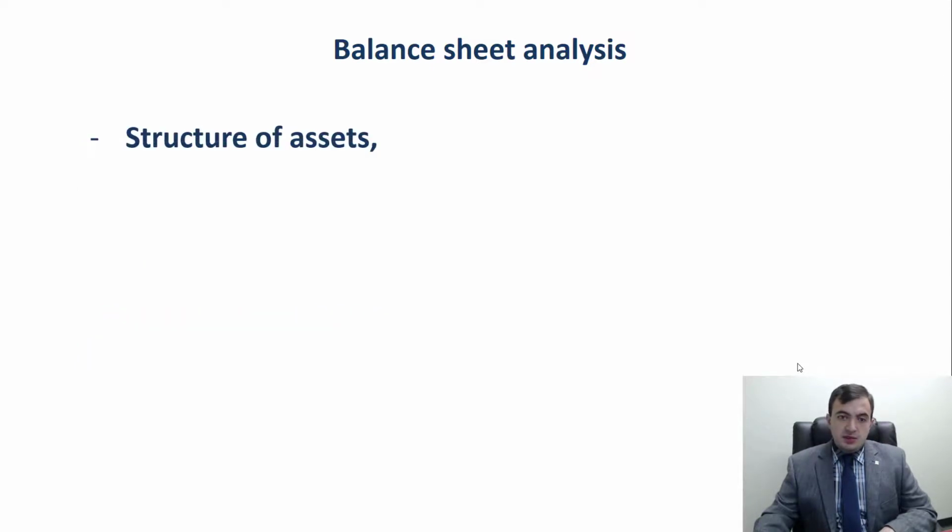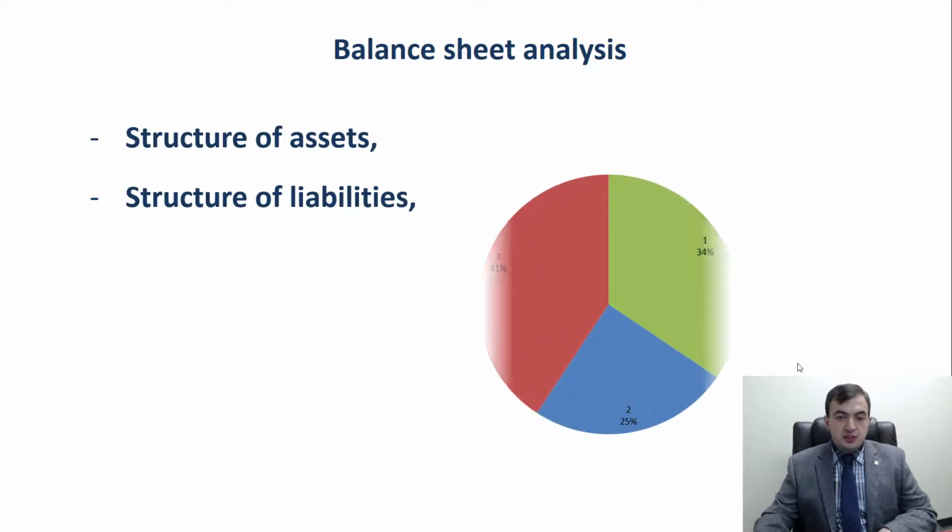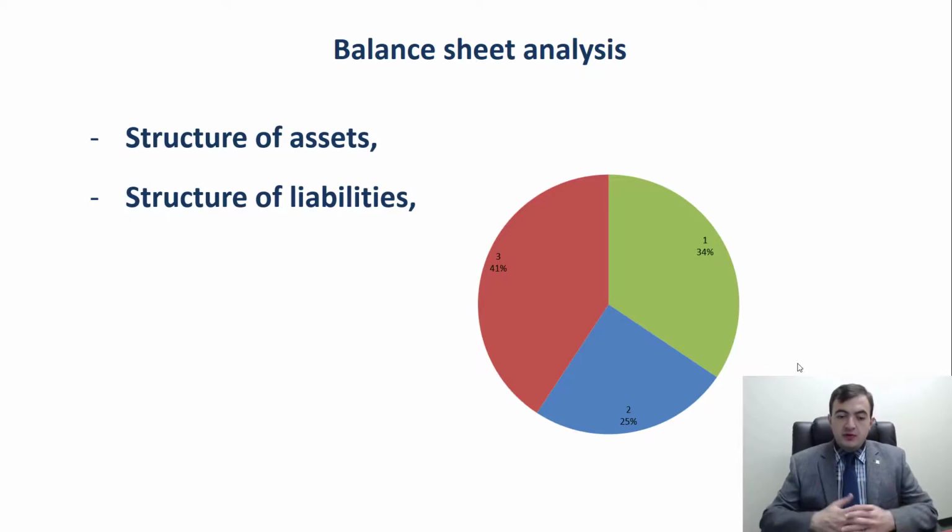In the case of the structure of assets and liabilities, a very useful technique is the pie chart, and it's very easy to demonstrate to potential investors or other people involved in financial management decisions the proportions of each dimension.